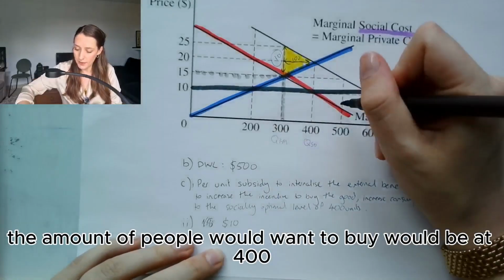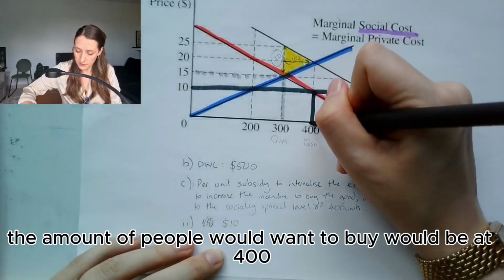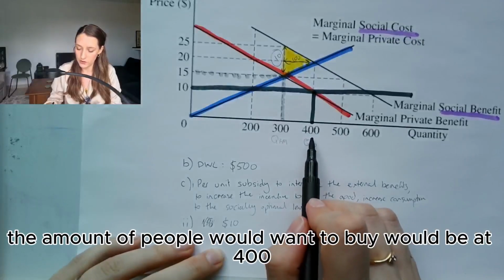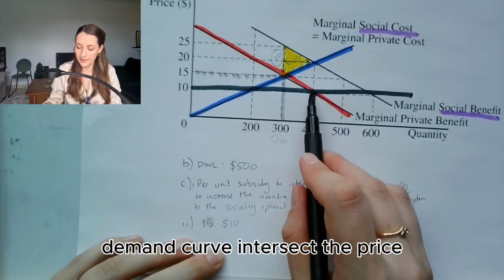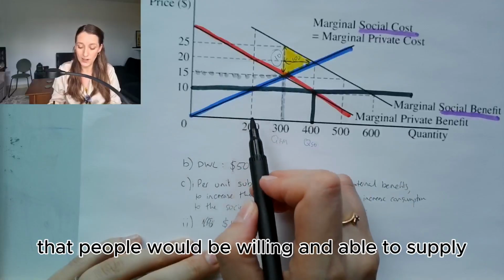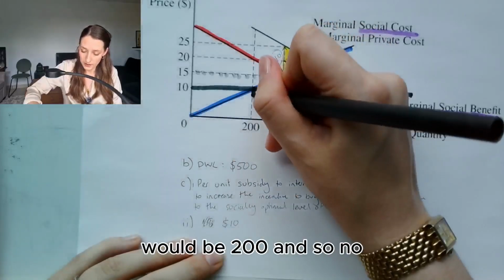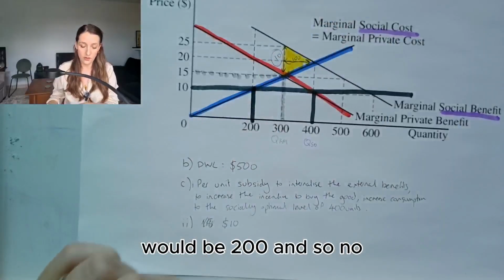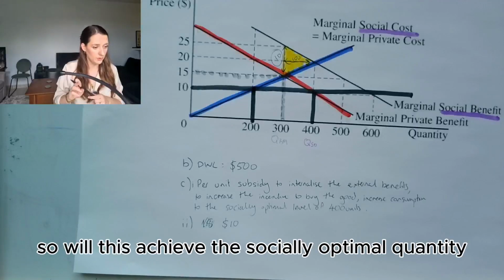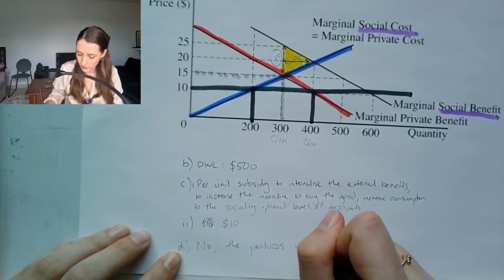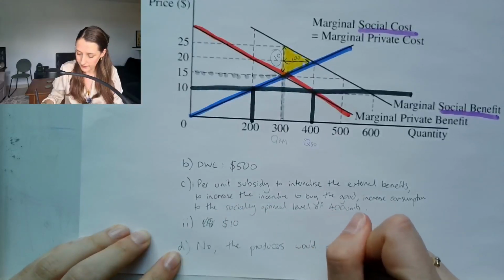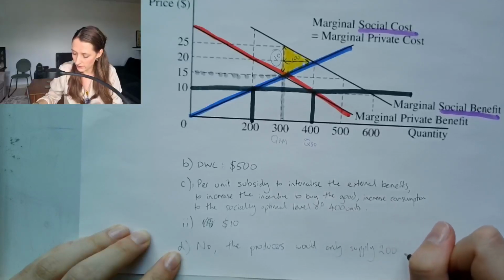The amount that people would want to buy would be 400, because that's where our price and our demand curve intersect. The quantity that people would be willing and able to supply would be 200. And so, no, that would not work. Will this achieve the socially optimal quantity? No. The producers would only supply 200 units.